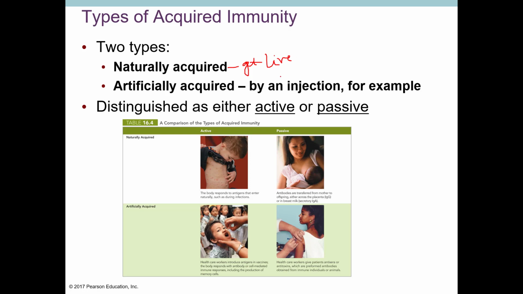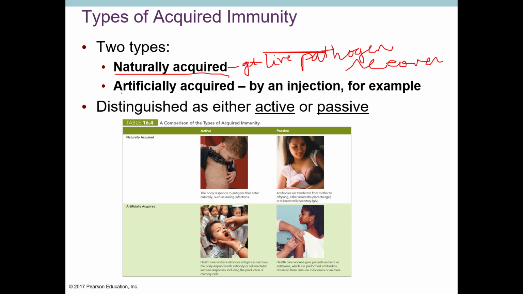We talked about how a virus can't be really live, but you get the live pathogen, you get sick probably, maybe you're asymptomatic, that's possible too, but you recover. If you recover, then you have naturally acquired that immunity. You now have those memory cells, so that if you get it again, you'll have a faster response to fight it off.